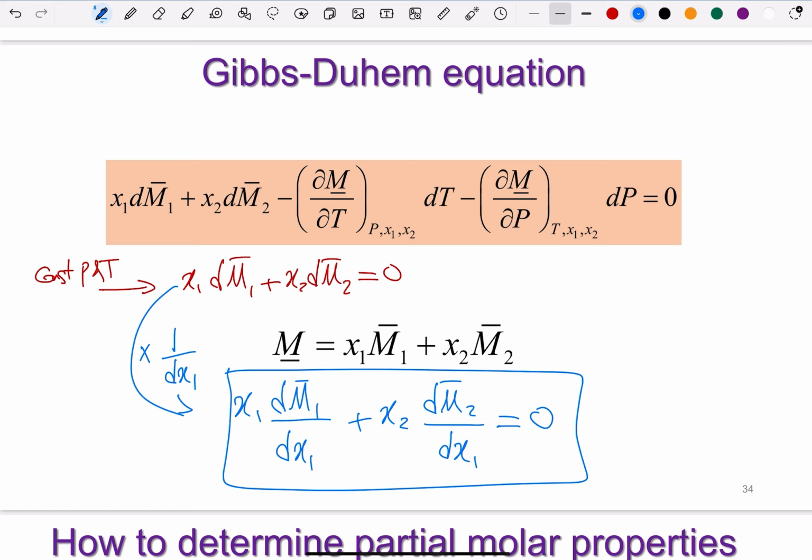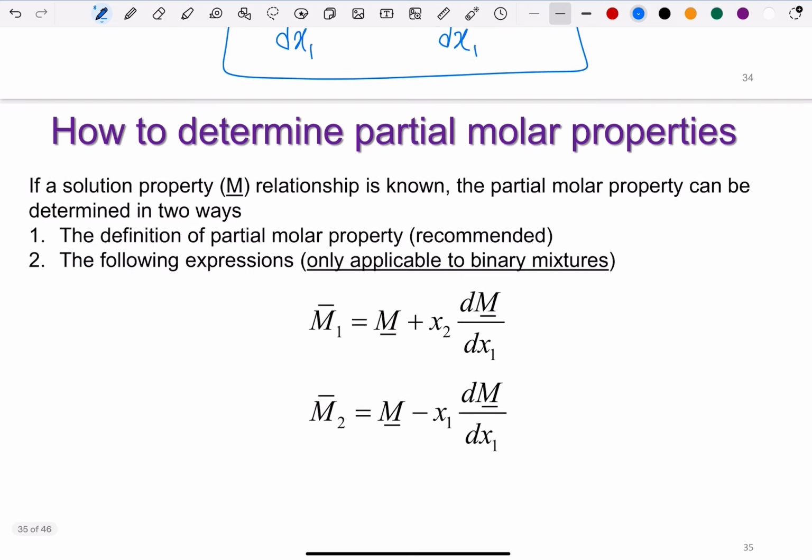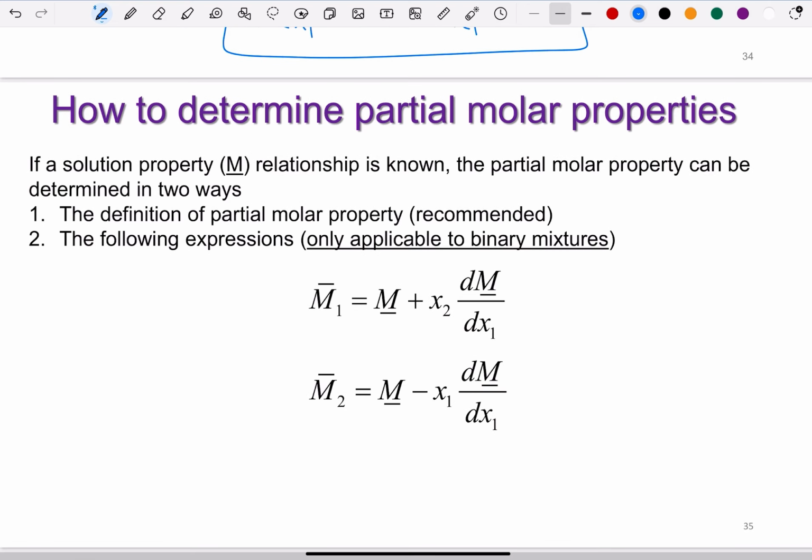So in case of a binary mixture also, you can combine these two things and have a kind of shortcut relationships to calculate these partial molar properties in terms of the derivative of the molar property of your mixture with respect to component 1, dx1. Okay?